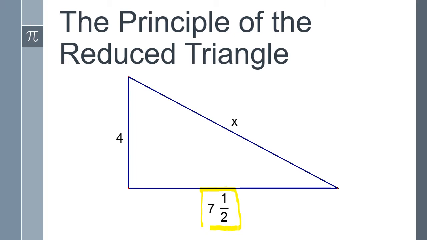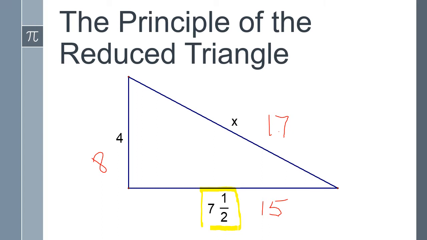So in this case, if I double this, and I'll put this in a different color, 4 becomes 8, 7.5 becomes 15, and then x becomes a ratio of 17.